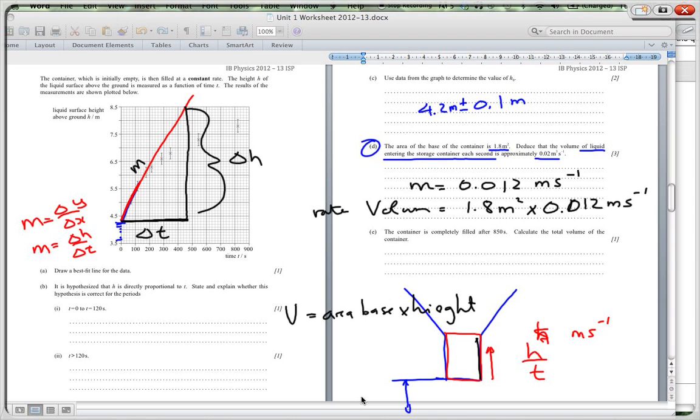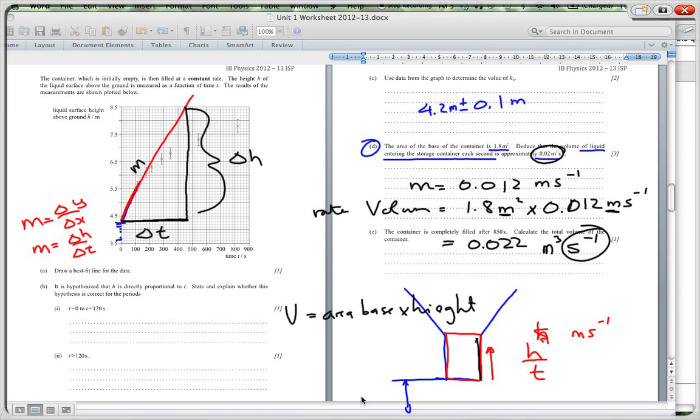Notice here that you've got a meter squared and a meter. You multiply them out, you're getting meters cubed. So you're getting a volume, and you're getting a per second. That's giving you your rate. And when you multiply that out, you get about 0.022 meters cubed per second, which is approximately equal to that.